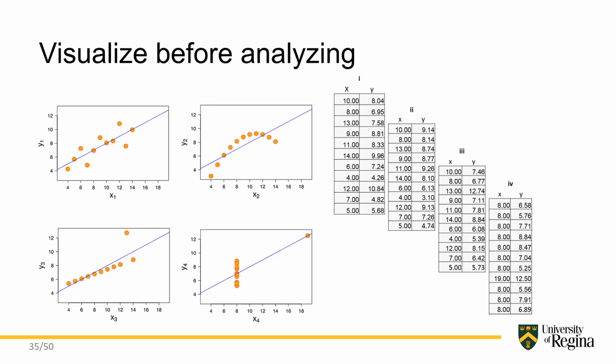But if we try to plot these data sets and visualize them, we'll see that these data sets are quite different from each other. And they have different shapes with different meanings. So this is the first one, this is the second one, the third one, the fourth one. This looked like some kind of a regular data set with data around that line.